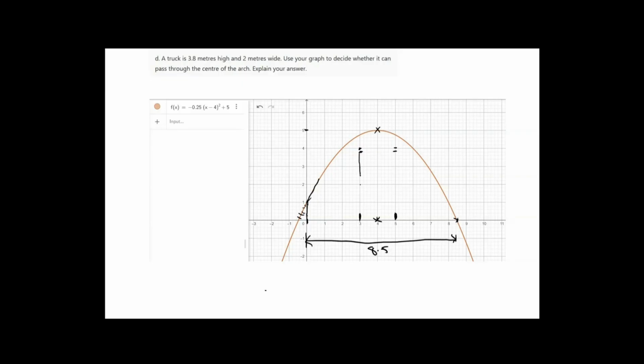So our truck is going to look like that: here are the wheels, the left wheel and the right wheel, the door and the number plate, maybe a little smokestack. So we're looking at it from behind as it goes into the tunnel. So yes, it does fit.